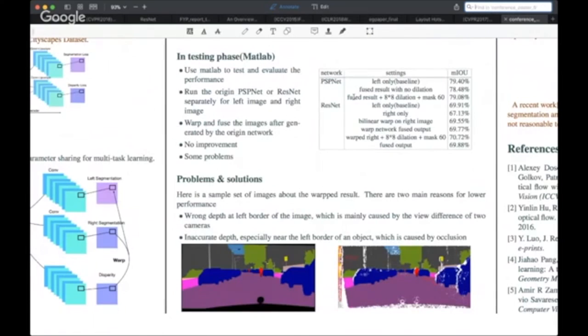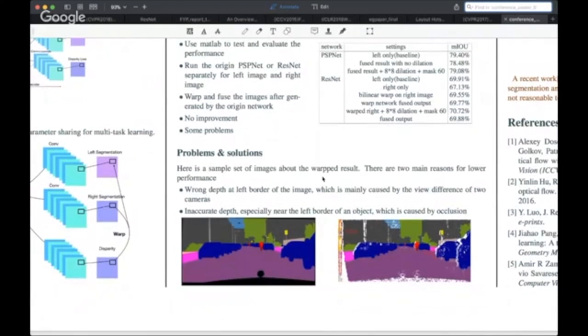We ran the original PSPNet or ResNet, which means that we input the left image and get the left output, and input the right image and get the right output. After having these 2 outputs, we warp and fuse the outputs together. And in this experiment, we still could not gain any improvement.